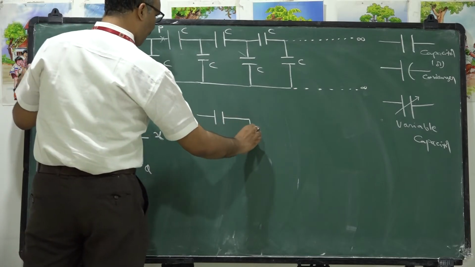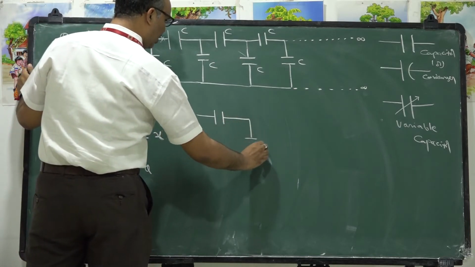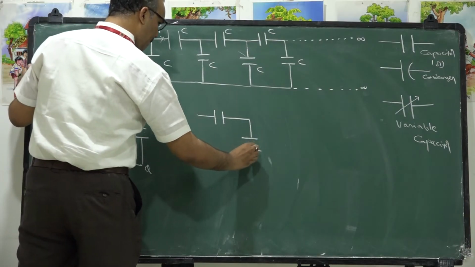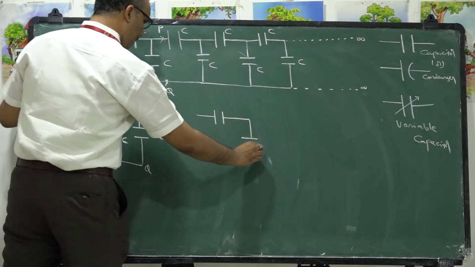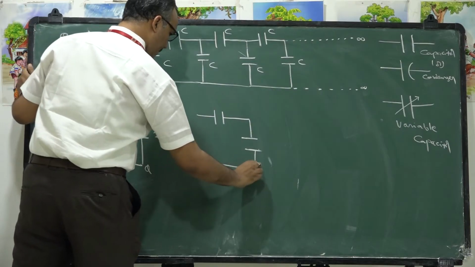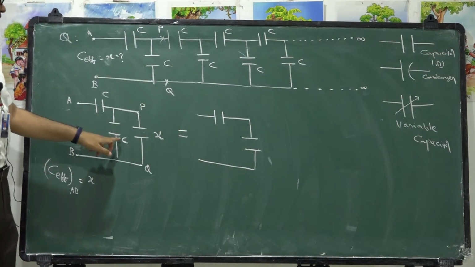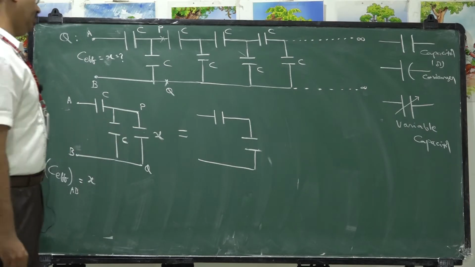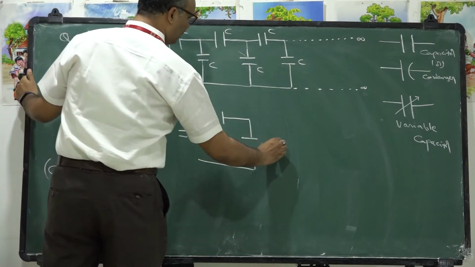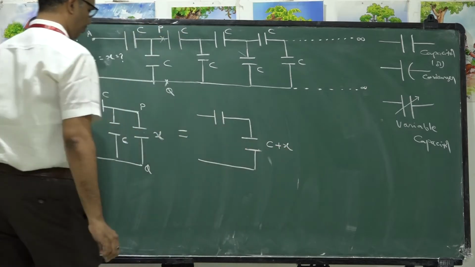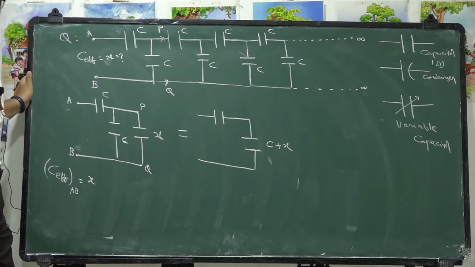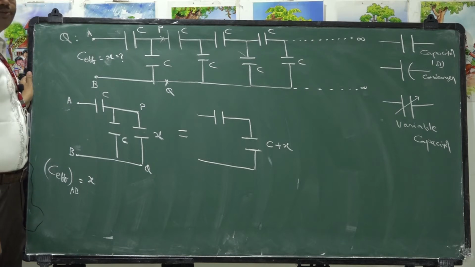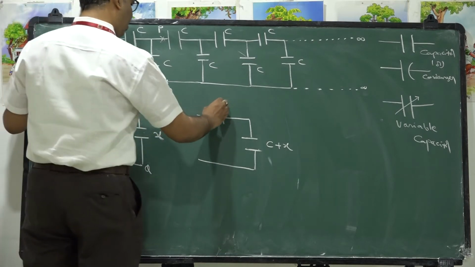So here you will have a single capacitor whose capacitance, as they are parallel, is C1 plus C2. The effective capacitance in this parallel combination is C plus X.